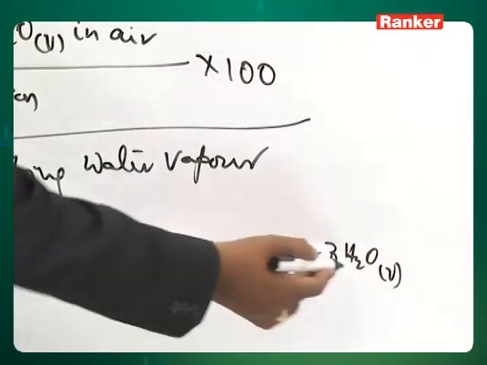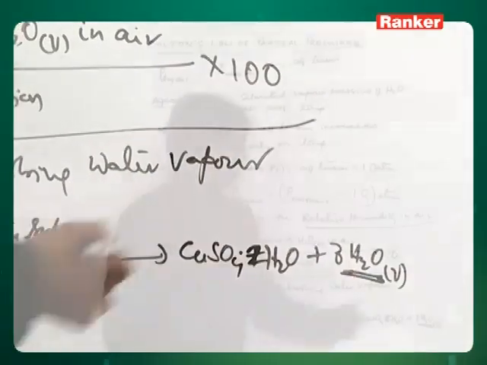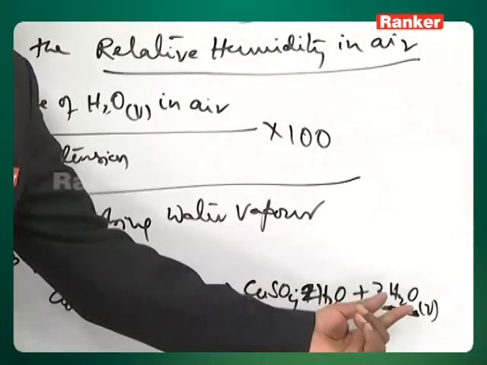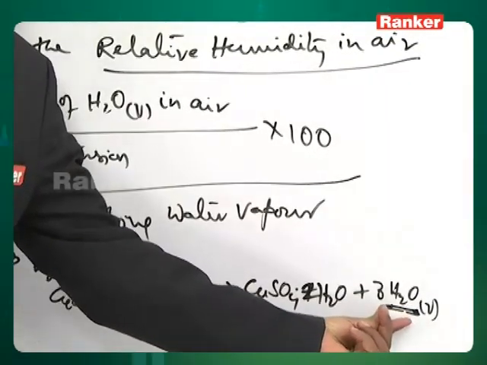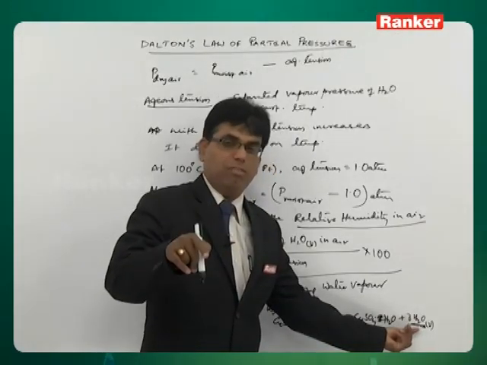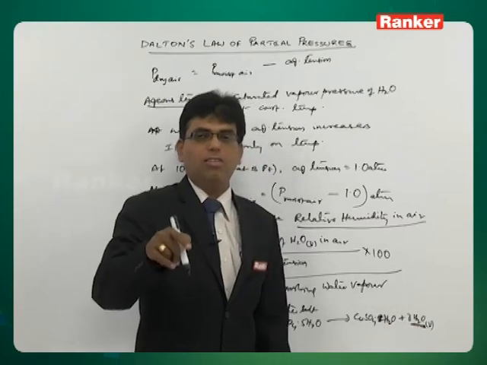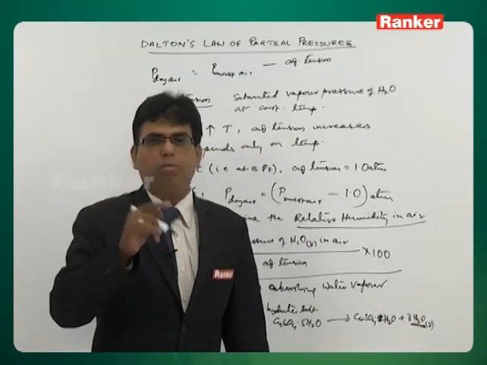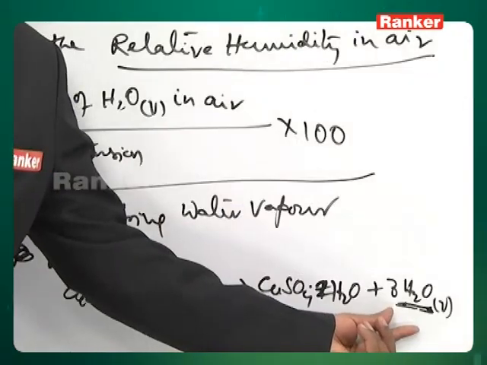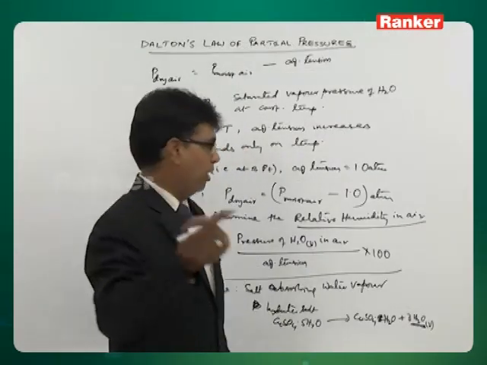Now, the equilibrium constant for this depends on the pressure of water vapor. If the pressure due to this water vapor is less than aqueous tension, then the salt is efflorescent, it still can absorb water. Or if this is greater than the aqueous tension, then it will release water vapor.